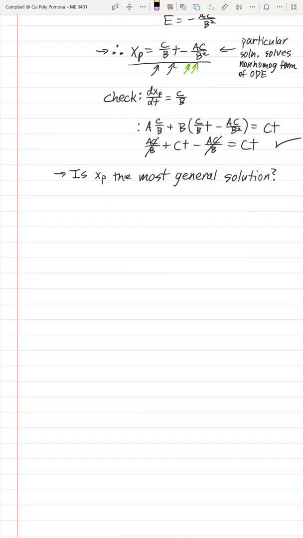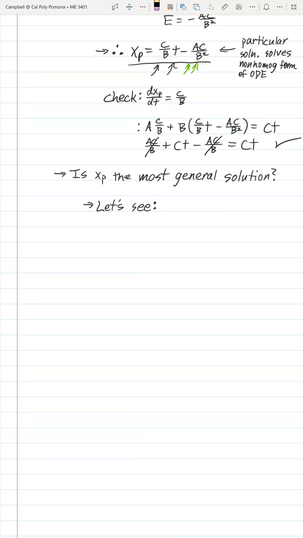Well, let's see if there's something more that we can do to work with this particular solution that might also yield valid solutions to this differential equation.